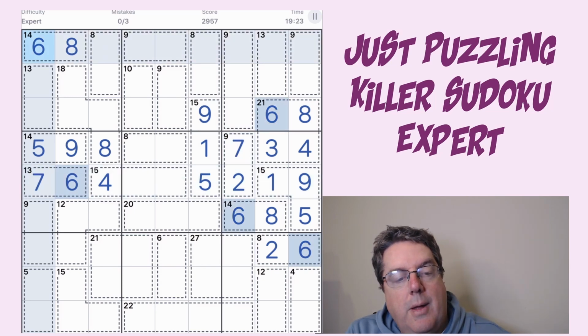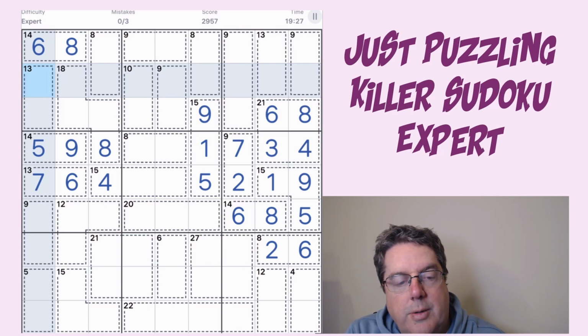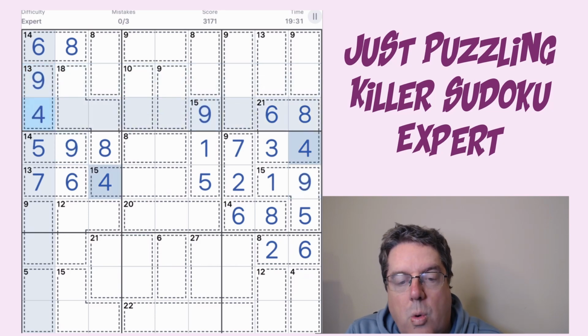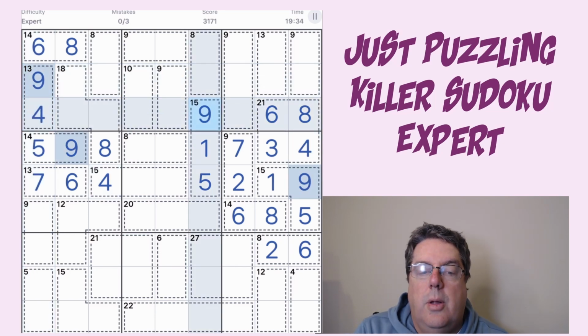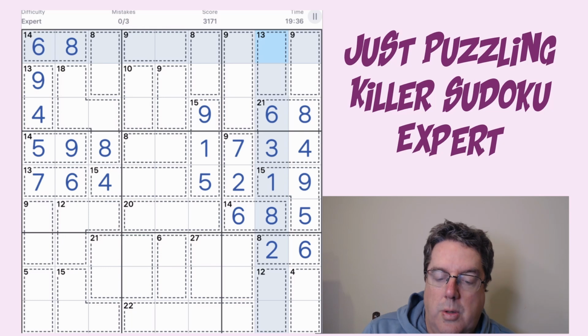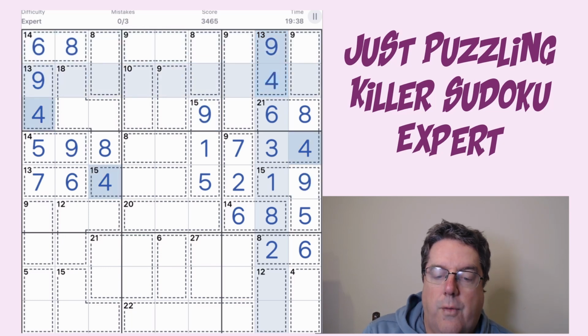So what that means now, because this is a 13, 5 and 8's out, 6 and 7's out, so the only other numbers that could possibly be is 9 and 4, and the 9 is there. So we also knew that 9 has to be there, and that's a 4.